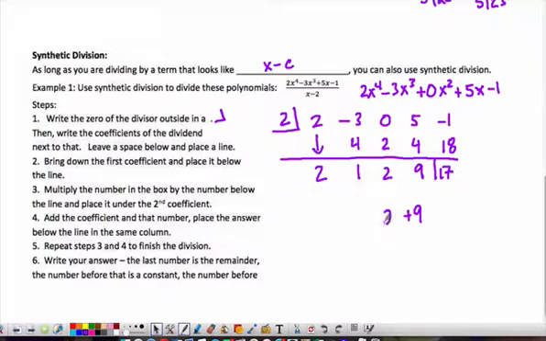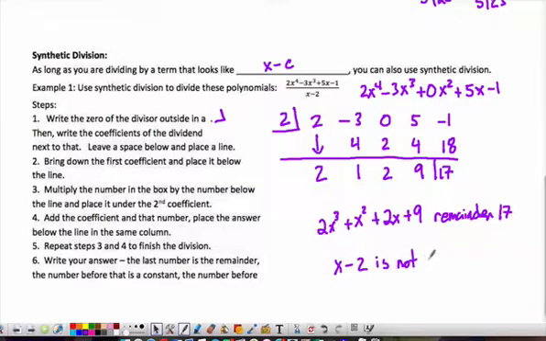So this is going to be 2x, and that's a positive, and this is going to be 1x squared, so I'll just write x squared, and that's a positive, and then this will be 2x cubed. So we start with our constant, and then we go up by a degree each time. Since I have a remainder of 17, this is not a factor, so x minus 2 is not a factor.